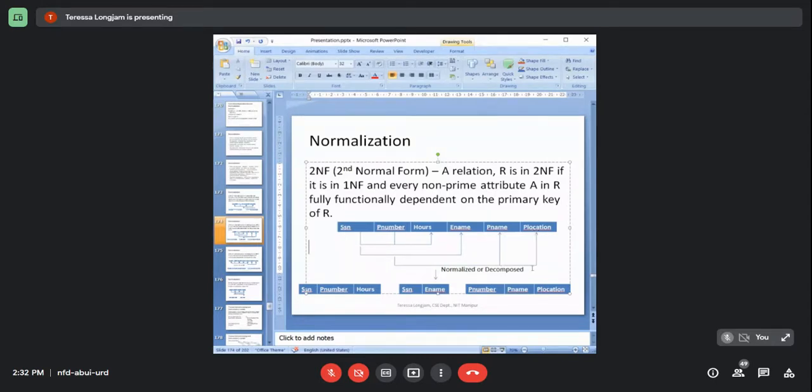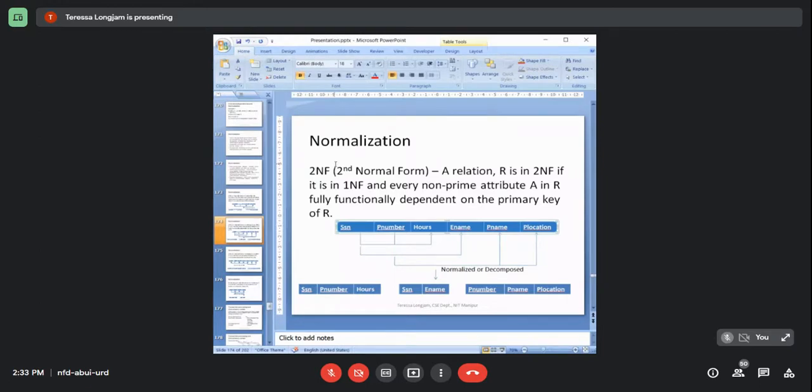And P location depends on P number, not on SSN. So that means there is some partial functional dependency here, isn't it? Hrs fully depends on the key, but E name partially depends on the key, because it depends only on SSN. So that is why it is a partial functional dependency. P name and P location also partially depend on the key because they do not depend on SSN. They only depend on P number. So that means this given relation is not in second normal form.